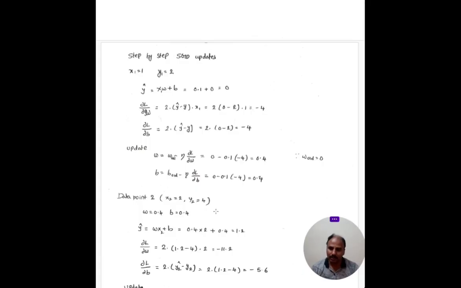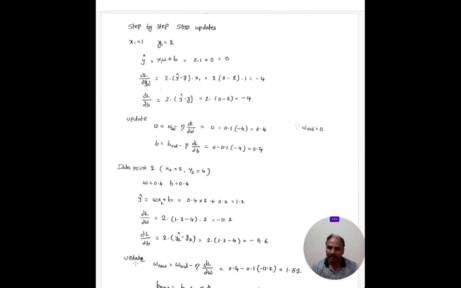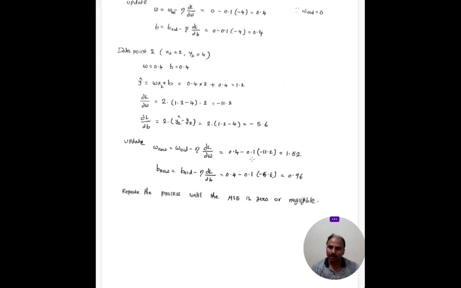Again we have to reduce the loss by using the gradient descent algorithm, updating the weights and bias again. By changing the weights and biases, we got minus 11.2 and minus 5.6. Then finding W new, W old is 0.4 and B old is 0.4. After substituting these values, we get W new equal to 1.52 and B new equal to 0.96.